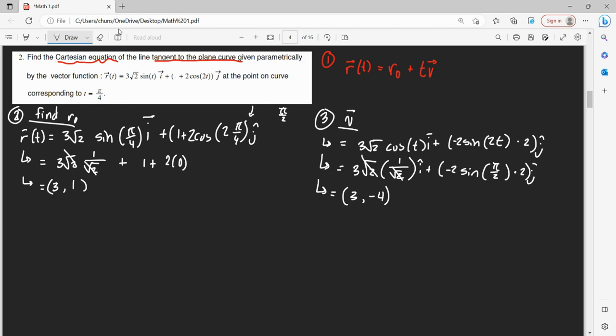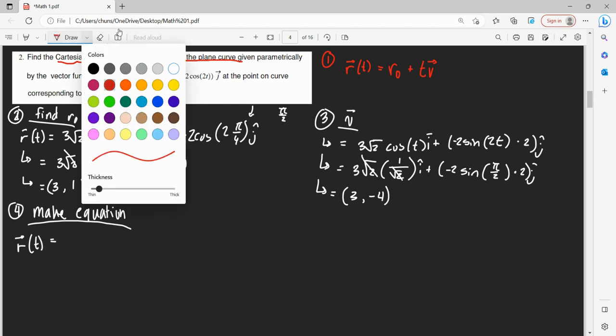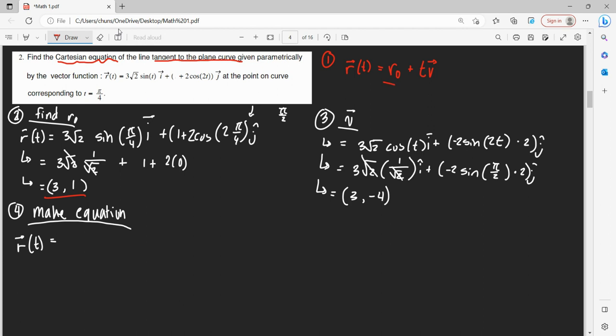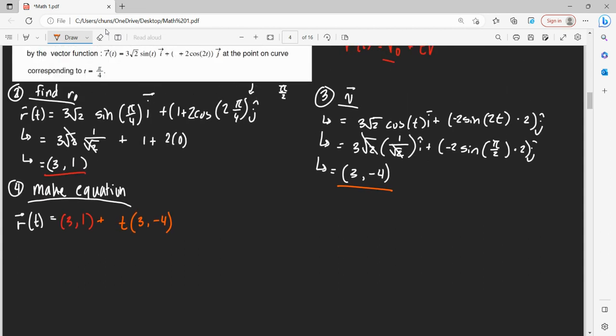So now we are going to make our equation. And once we do that, we'll be needing to use our values that we found. So first things first, we are going to be using our r naught. So this is 3 and 1. Then we need to use what we found for our velocity, right? And now we're going to separate our x and our y values.